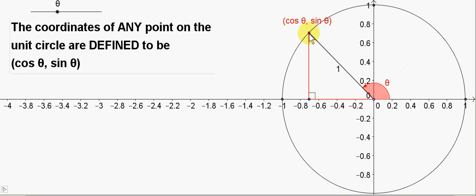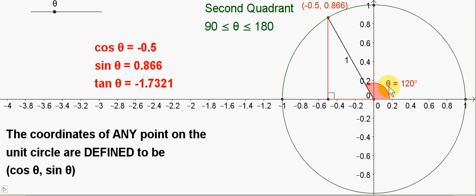We simply define the coordinates of this point to be cos theta, sine theta. We can't work this out like in the previous video because it doesn't make sense to talk about sides opposite or adjacent to this angle here. Theta here is an obtuse angle. It's not part of a right angle triangle. So this is just a definition.